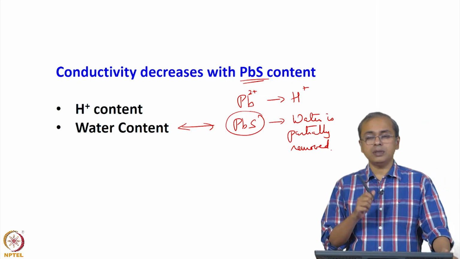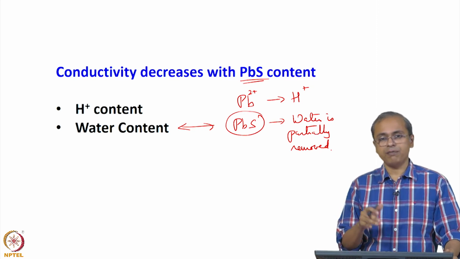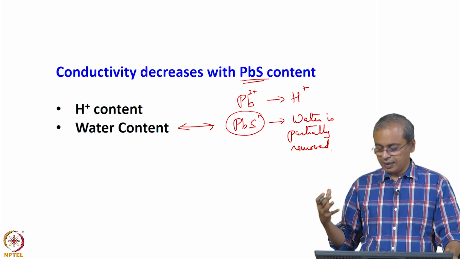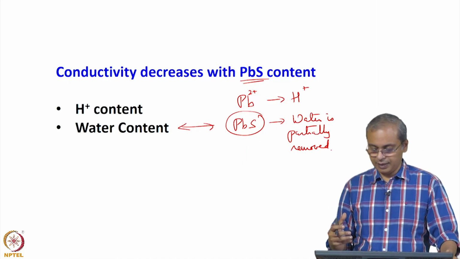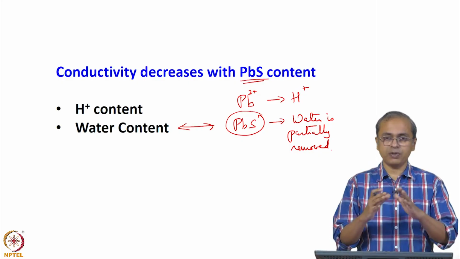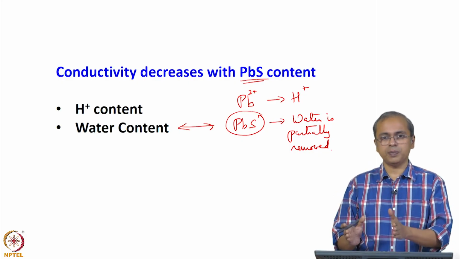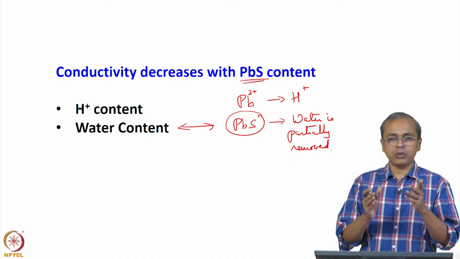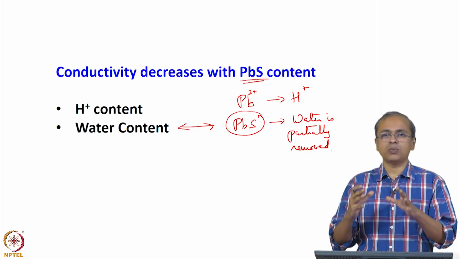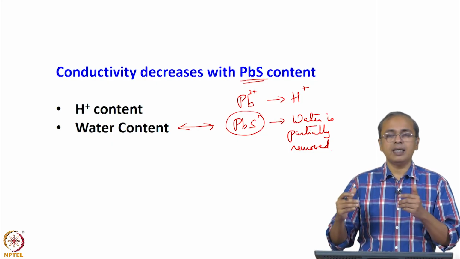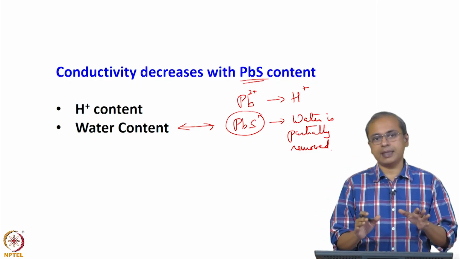Now, both the H plus ions as well as the water are necessary for the membrane to display good conductivity values. If the membrane displays a good conductivity value, it means there is a fair amount of protons present in that membrane, and also a fair amount of water. That combination is what gives the membrane good conductivity in this kind of ionomeric system.